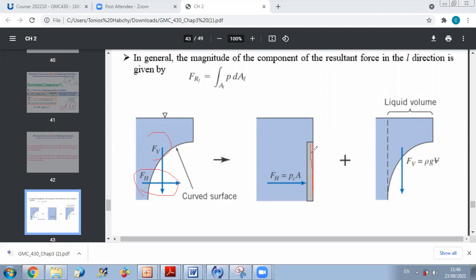And then we determine from analysis of flat surfaces what is the horizontal force and what is its point of application. And for the vertical component, it is equivalent to the weight of liquid above the surface, okay?